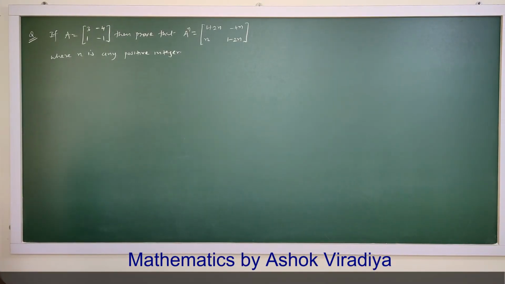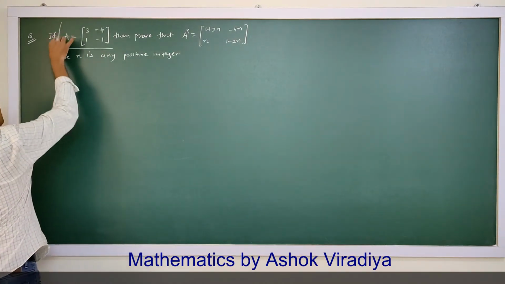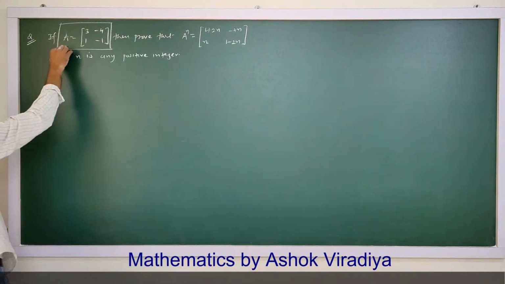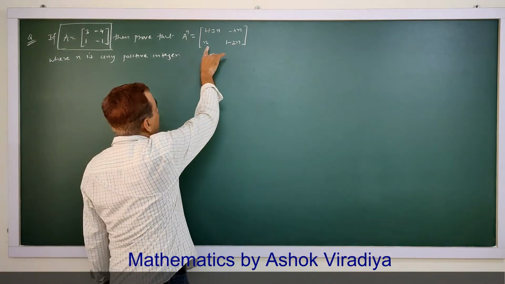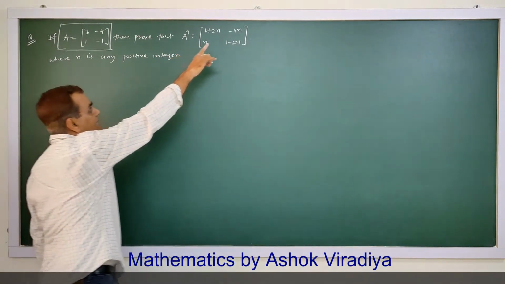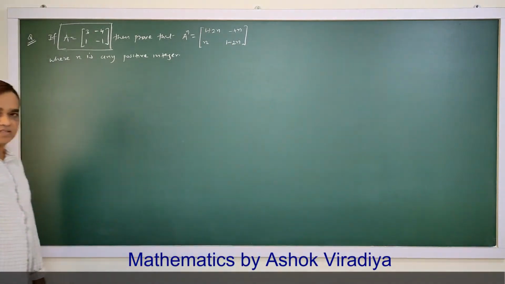One more similar question. Here A is given. Prove that A raised to n is the matrix with entries 1 plus 2n, minus 4n, n, and 1 minus 2n.